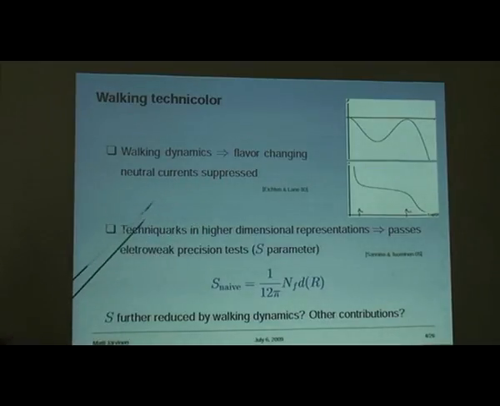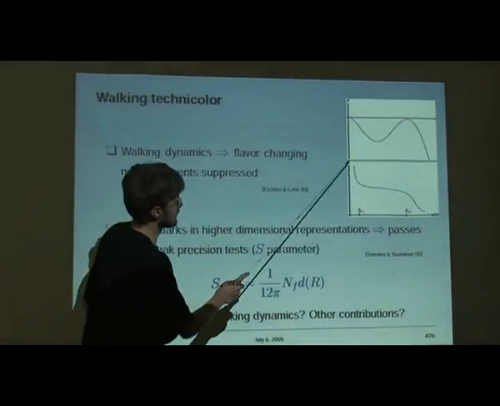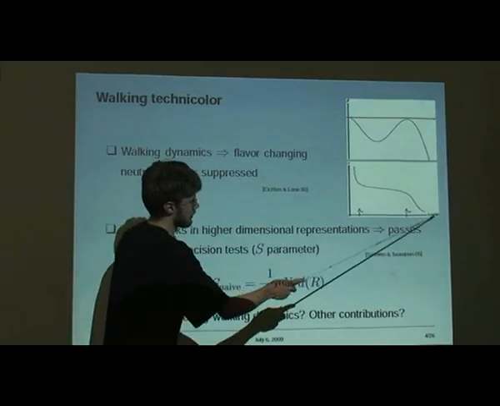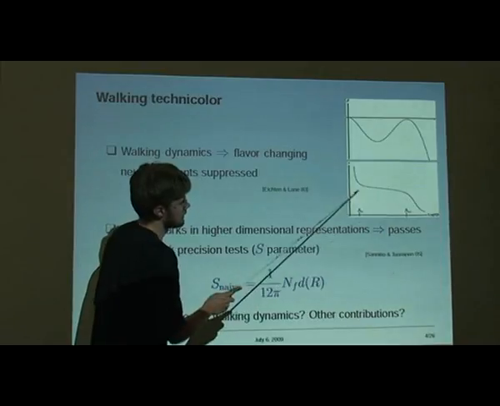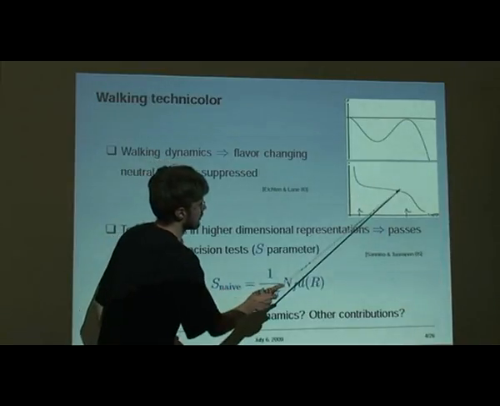But it can be shown that if instead of running, the behavior of the coupling constant of the technicolor theory is such that it walks for a large range of energies, such that, you probably can't see the label, but this is the coupling constant as a function of the logarithm of the energy scale. So for a large range of energies, the coupling constant is almost constant.